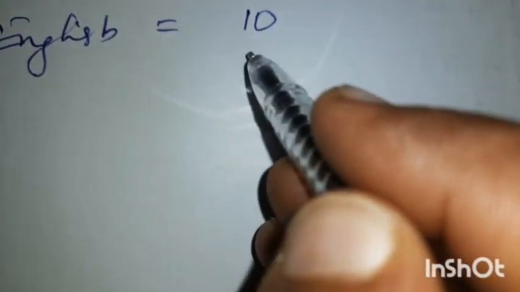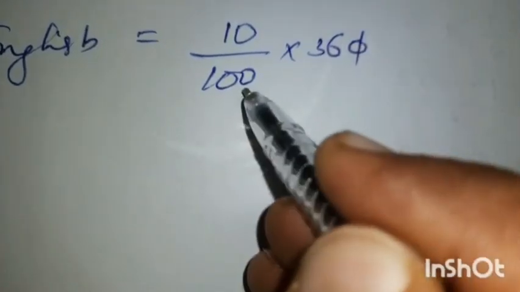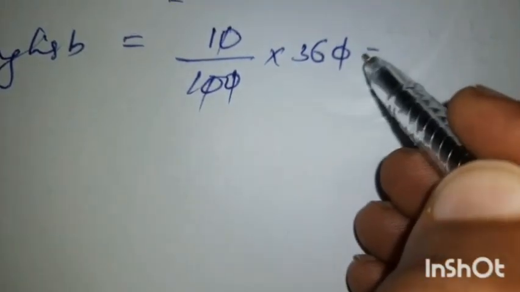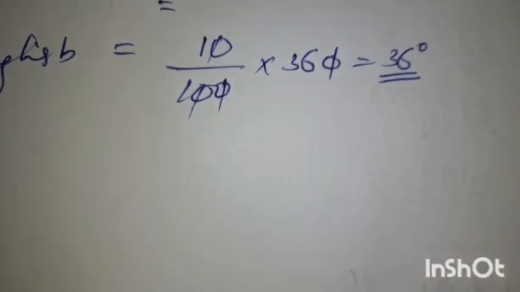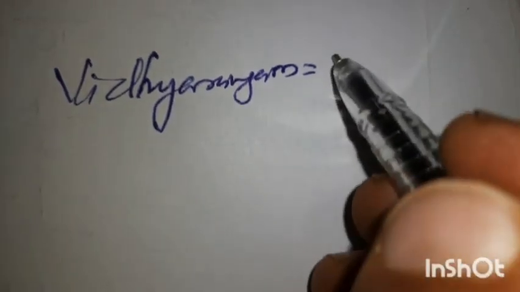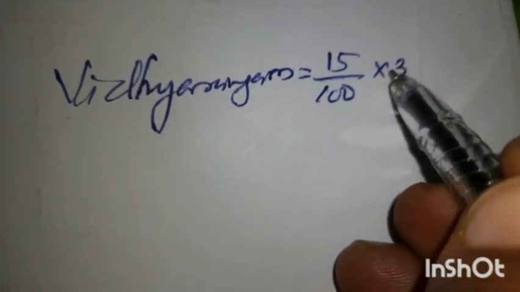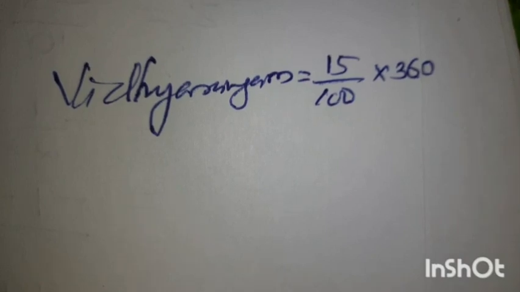Next, English. 10 students are in the club, out of 100 multiplied by 360. The zero is cancelled, so we will get 36 degrees. Next is Vidyarangam. In Vidyarangam, there are 15 students out of 100 multiplied by 360.